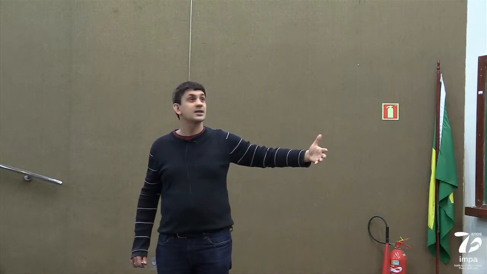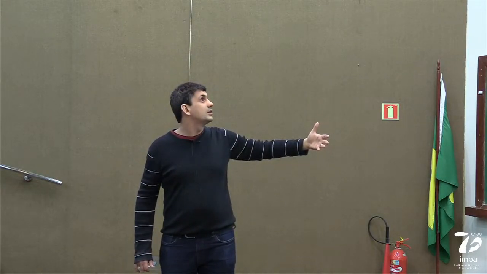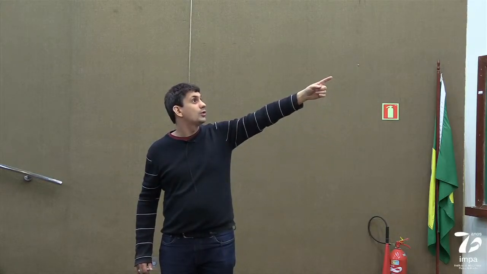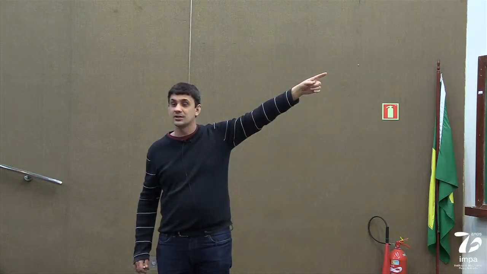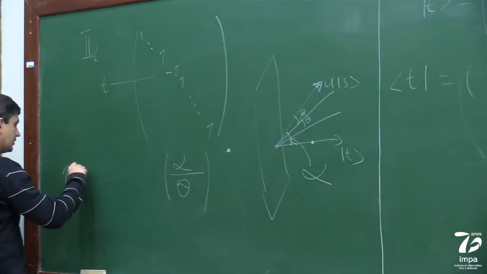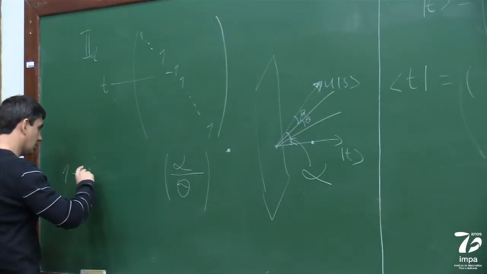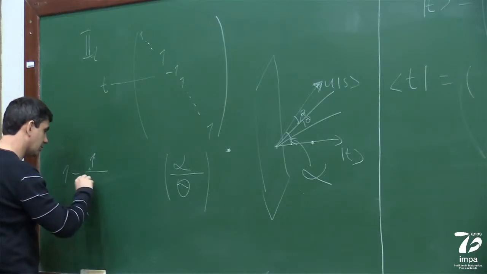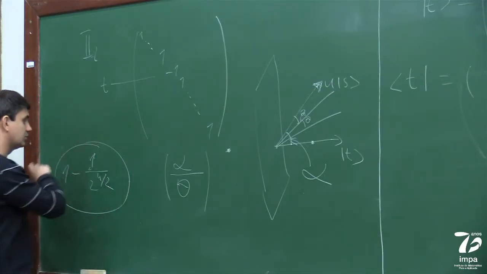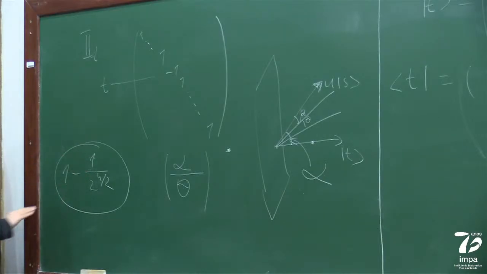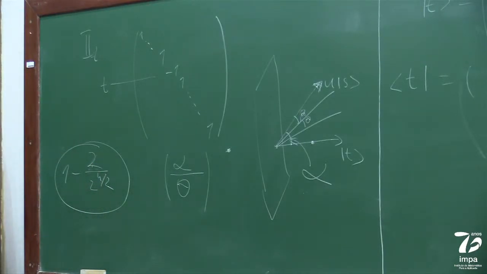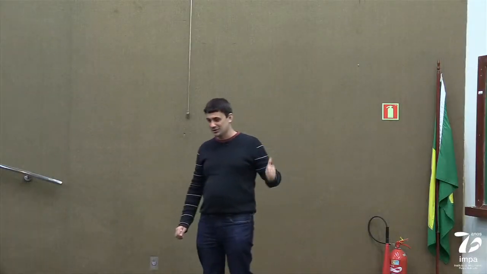And cosine theta, it's something of order 1 minus 1 over 2 to the power n half. Maybe here I should put a coefficient, so to not confuse you, let me put 2 here.